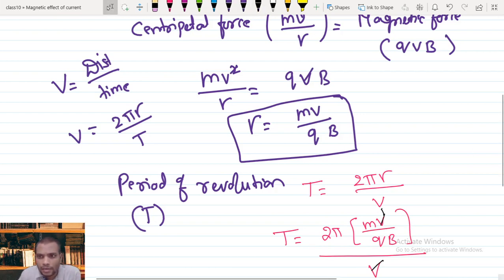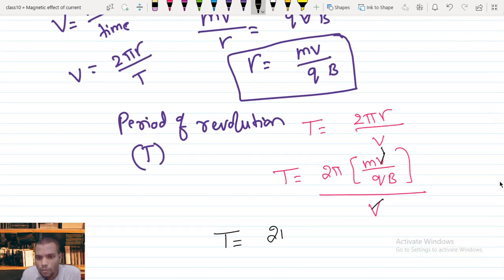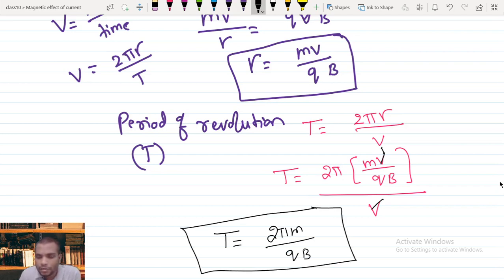Now what is left over, the period of revolution t equals 2 pi m upon qB. Here also the time period of revolution is inversely proportional to the magnitude of charge.